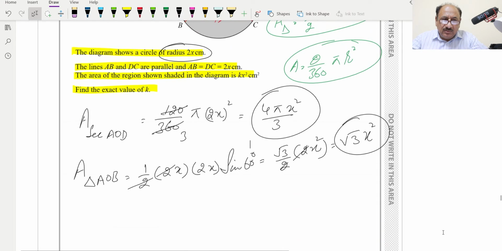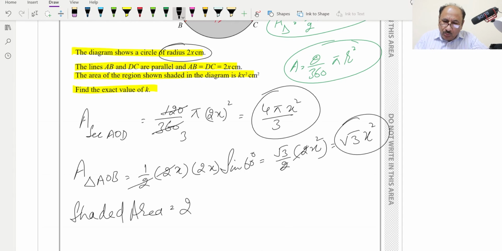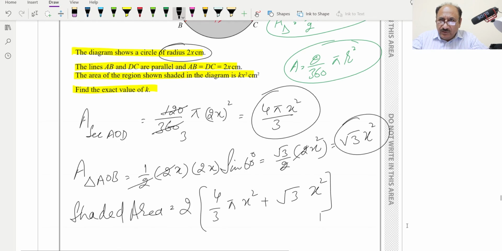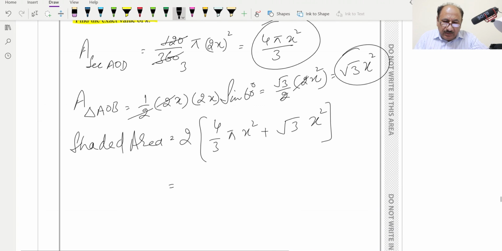Now we can double this. The shaded area, which we need to find, is equal to 2 into what? 2 into, add this one, 4 over 3 pi x squared plus root 3 x squared. Now we can take common and multiply.